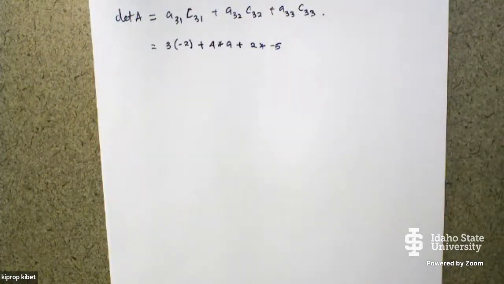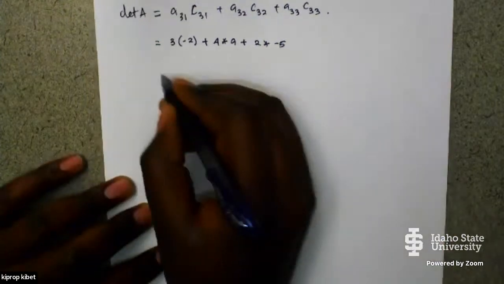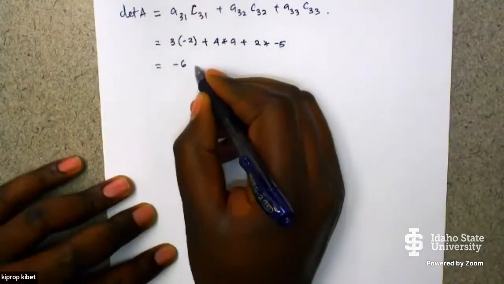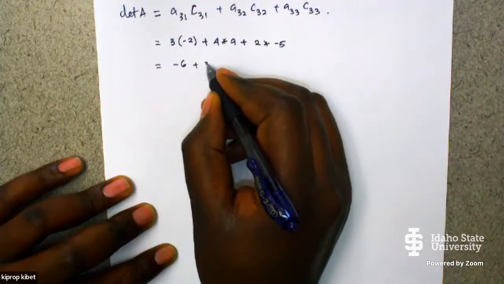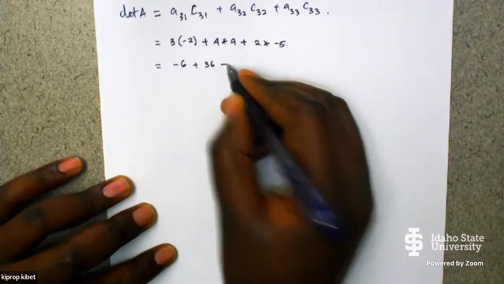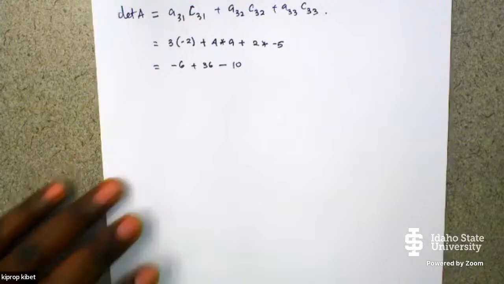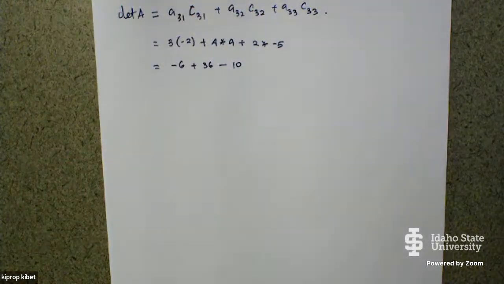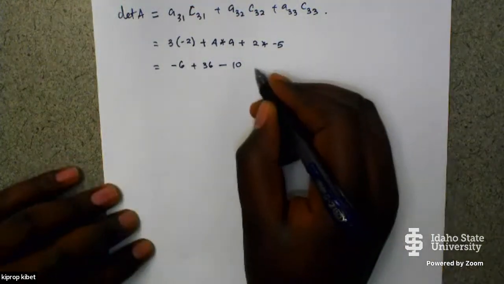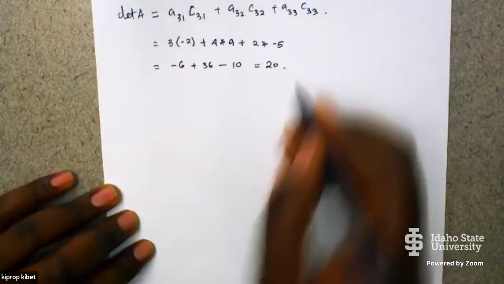This gives us minus 6 plus 36 minus 10, which is equal to 20.